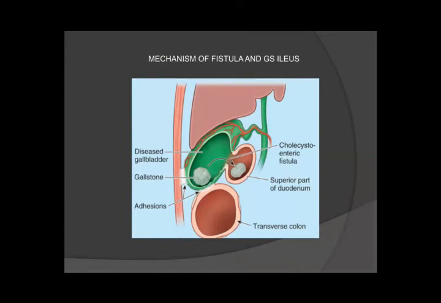And obviously, when there's a diseased gallbladder that has undergone cholecystitis or even a long-standing gallstone over some time, it can lead to adhesions that are shown on the left to the lateral abdominal wall, or can lead to adhesions to the transverse colon, which is the large bowel. Now, it is through these adhesions, most likely, that the gallbladder will further erode and the gallstone can pass through.